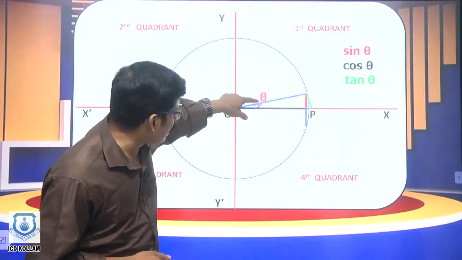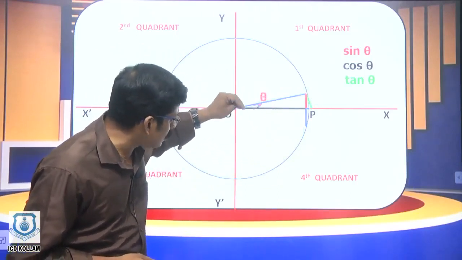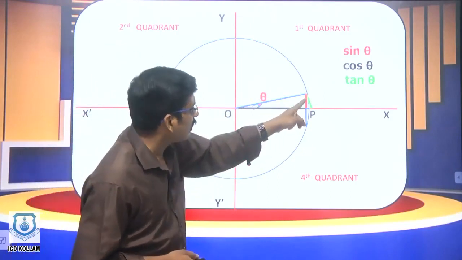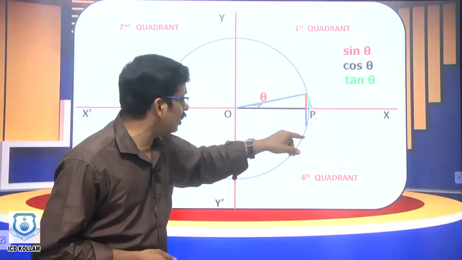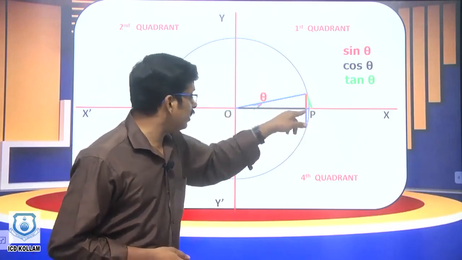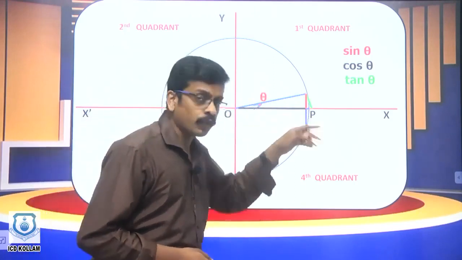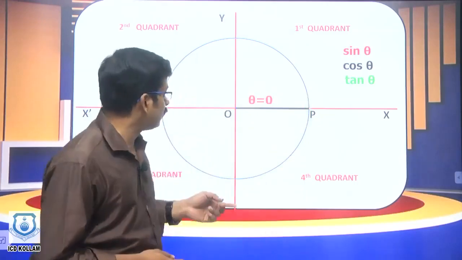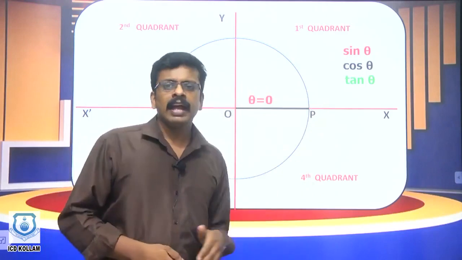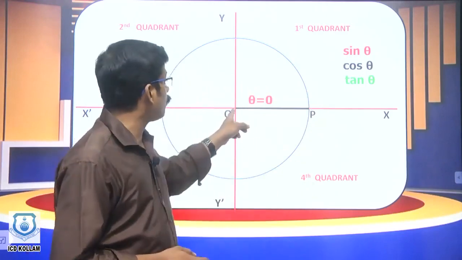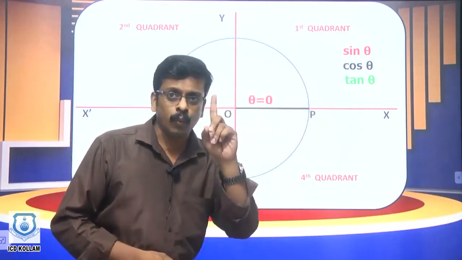So in this case, theta is very small and sin theta is further reducing, tan theta is reducing, but the length of cos theta, the value of cos theta, keeps increasing, and cos theta will be maximum, and at that time the value of cos theta will be equal to 1.